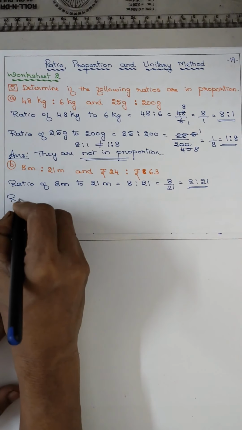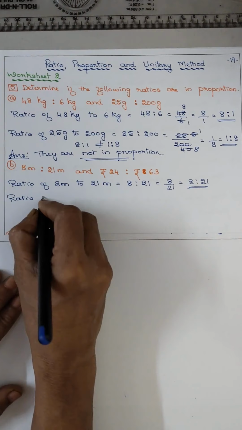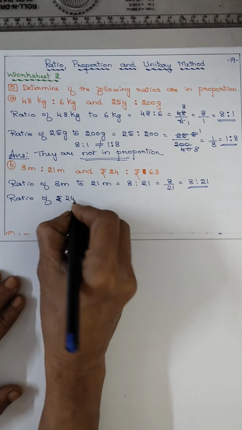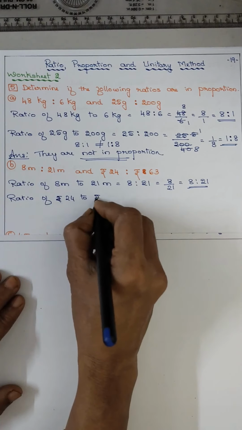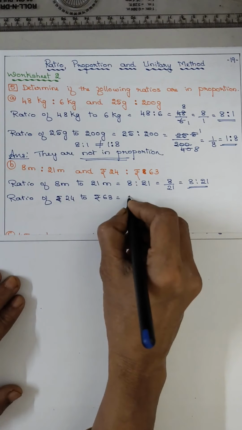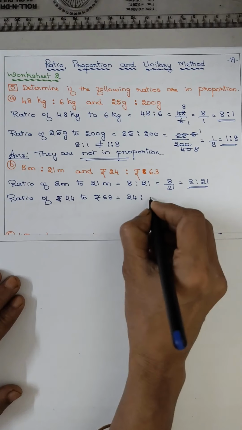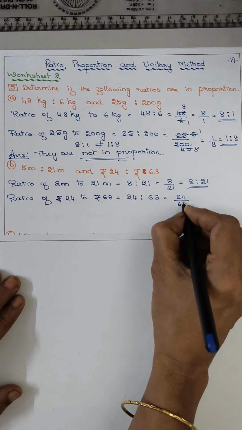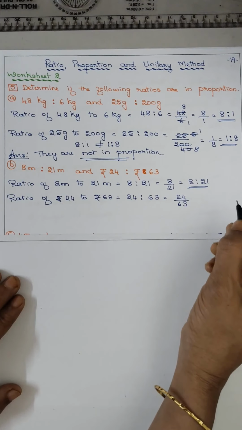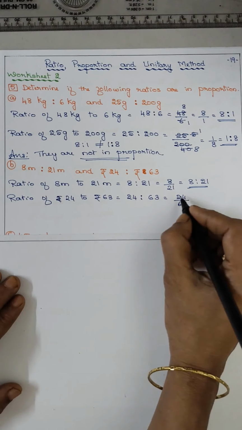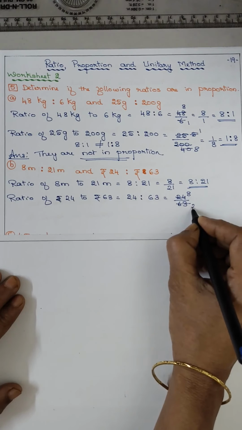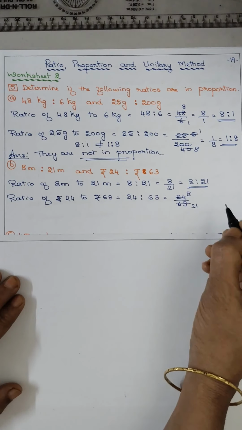Now ratio of 24 rupees to 63 rupees. It is 24 is to 63. 24 upon 63. It comes in the table of 3. 3 eights are 24, 3 twos are 6, 3 ones are 3.